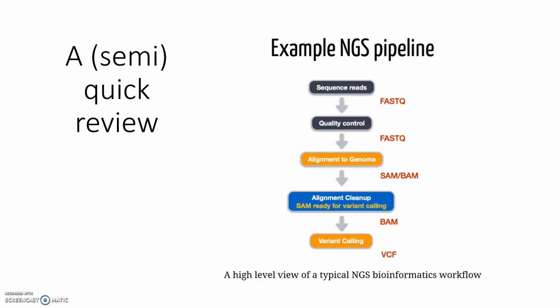Previously, we had done some quality control on those using a program called FastQC on the Galaxy server. Now we're taking those FASTQ files, or short sequencing reads, and aligning them to the genome. We want to clean up that alignment. We want to perform what's called variant calling, and then we want to annotate those variants, with the goal of identifying a specific genetic variant that's important. In our case, with our activities, it happens to be in health and disease.